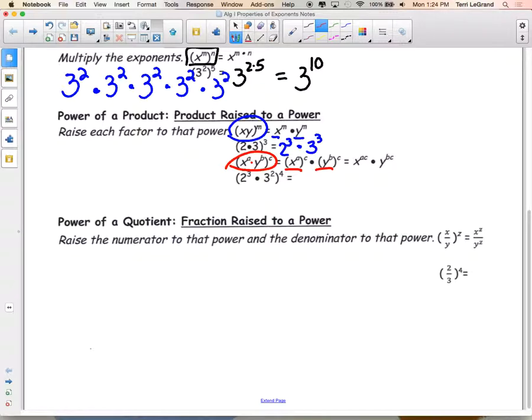So let's try that with our 2 to the third power times 3 to the second power, and we're going to take that product to the fourth power. So what's the first thing we have to do?